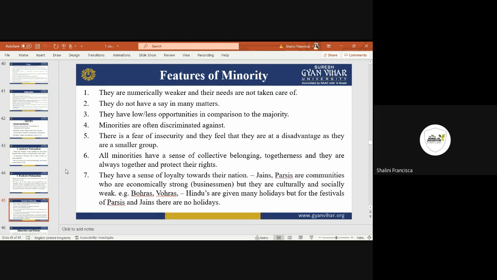So if they are numerically weaker, it is clear that they are not going to be counted as a competitor for the majority. Minorities are often discriminated against. As already said, they are not allowed a say in many matters.